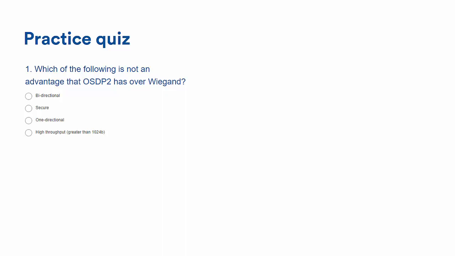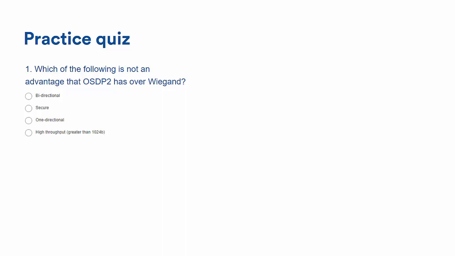So the first question in the practice quiz is, which of the following is not an advantage that OSDP version 2 has over Wiegand? Your options being bidirectional, secure, one directional, or a higher throughput. I'll give you a few seconds to think through that.